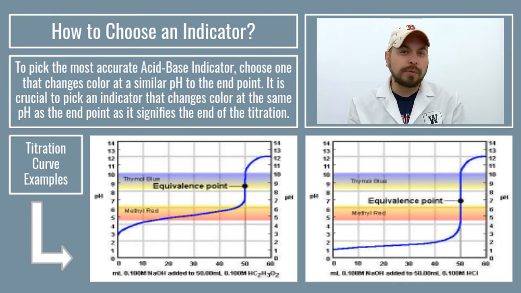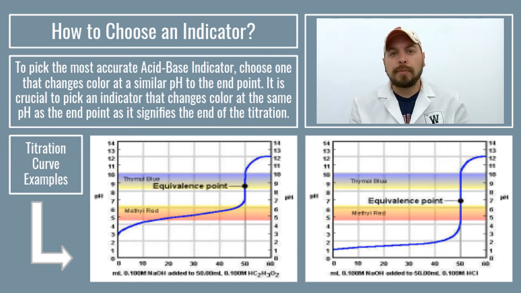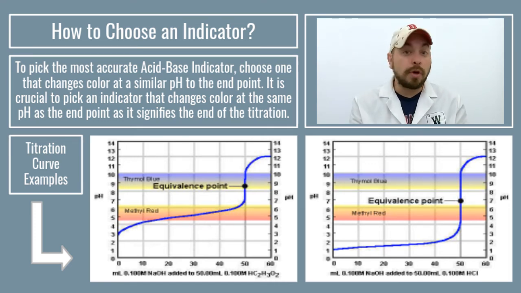Now the curve on the right is kind of tricky, because it doesn't appear immediately as though either of the indicators really does a good job of changing color right around our equivalence point. See how the thymol blue is above and the methyl red is below? But here's the thing. Notice where that equivalence point is, and notice how different the concentration of NaOH is between where the equivalence point is and where those indicators change color.